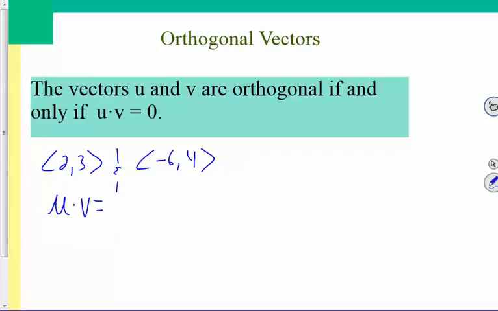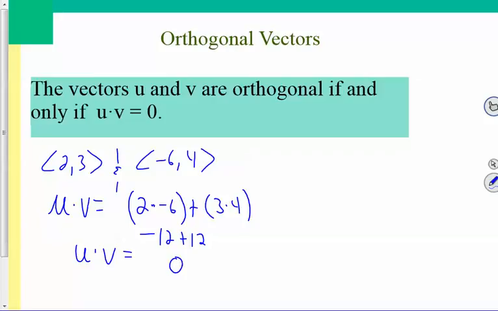That's 2 times negative 6 plus 3 times 4, which is negative 12 plus 12. Since the dot product is 0, I've proven that they are in fact orthogonal. Does that make sense? I hope.